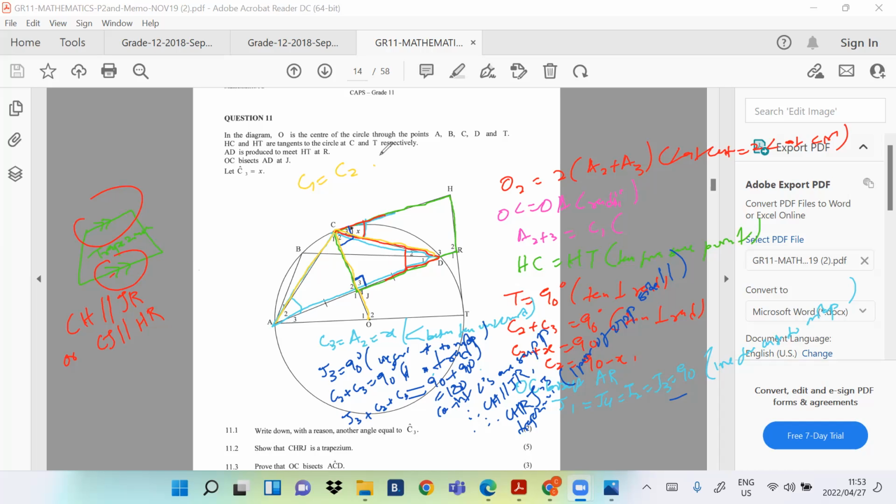Let's find out if they're equal. I'm just checking. How many marks? 3 marks. Okay. What do you guys see? That's a 90.